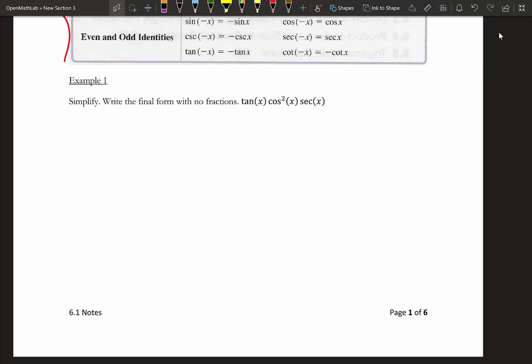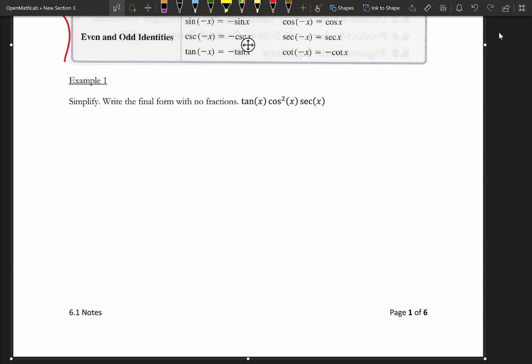So example 1, we're asked to simplify the following, and we want to write the final form with no fractions. We have tangent of x times cosine squared x times secant of x. Something that can help simplify it is putting everything in terms of cosine.